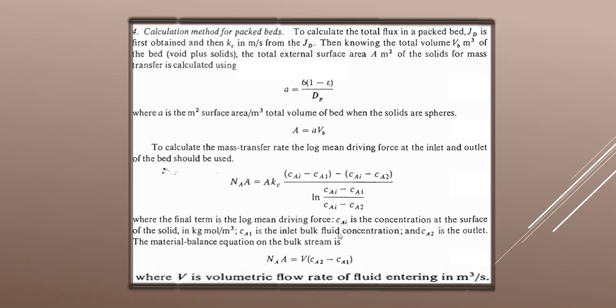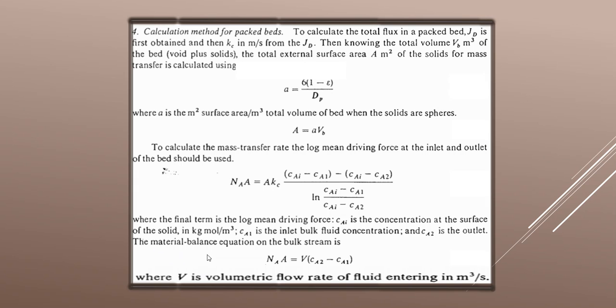Now you have to understand that the concentrations C sub i, C sub A1 and C sub A2 have to be the following. C sub i is the concentration at the surface of the solid. C sub A1 is the inlet bulk fluid concentration, and C sub A2 is the outlet concentration.